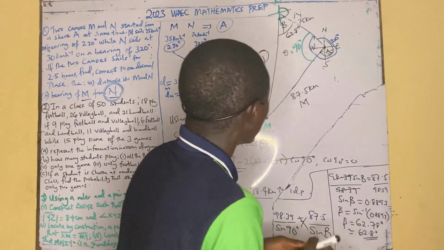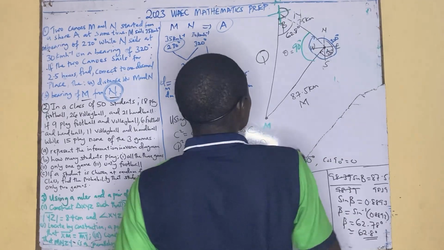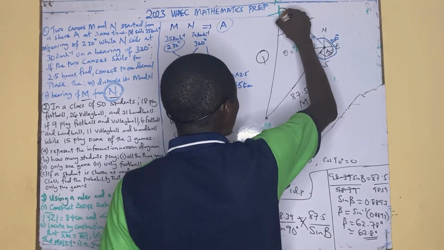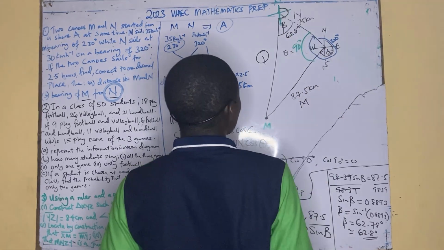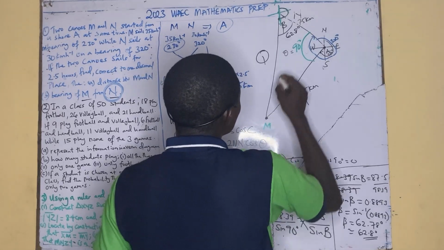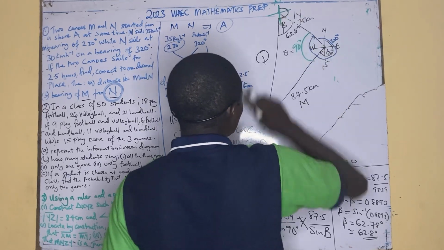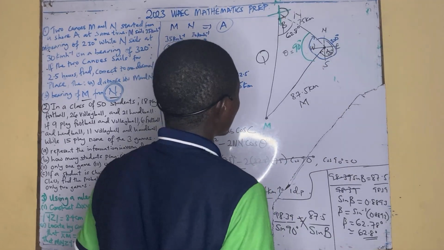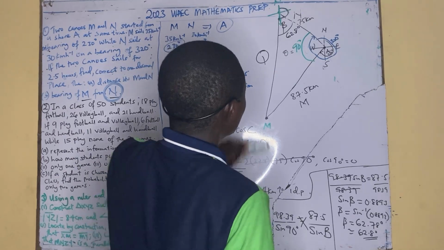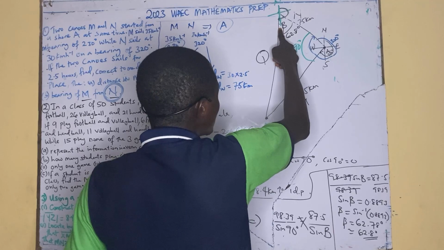So the next thing is to get this angle here, the angle between these points, because that is the essence of us doing all this. How do we get this small angle? It's very important, because this is supposed to be 180 plus this small angle here, but we don't know it yet.